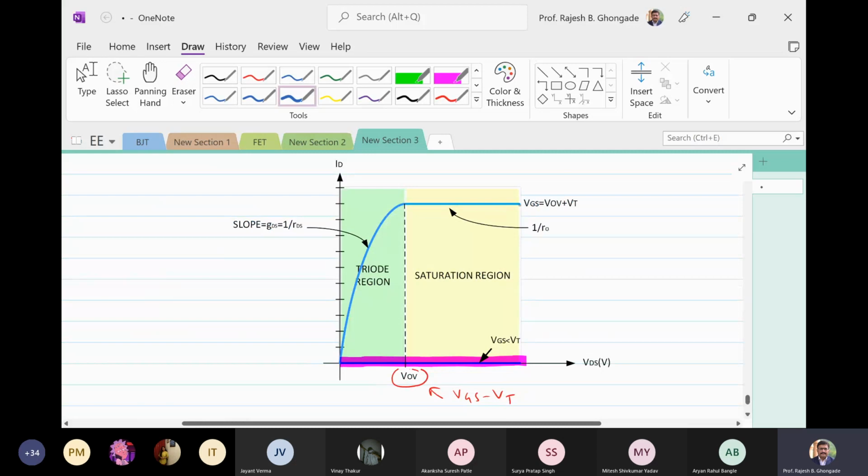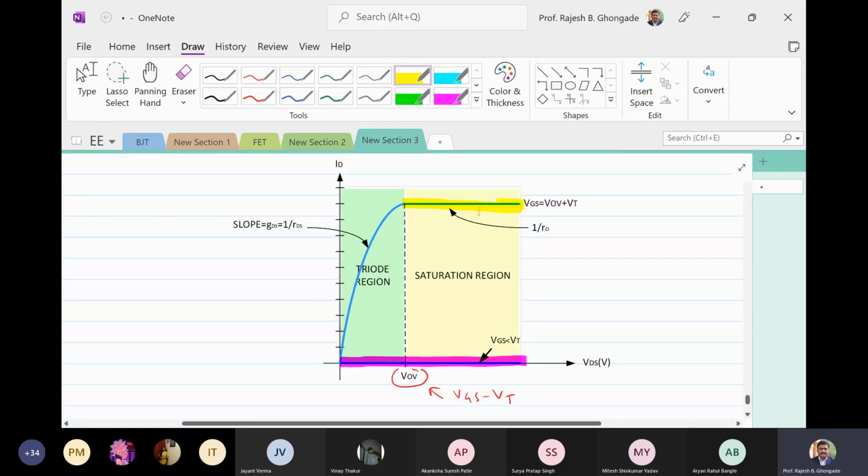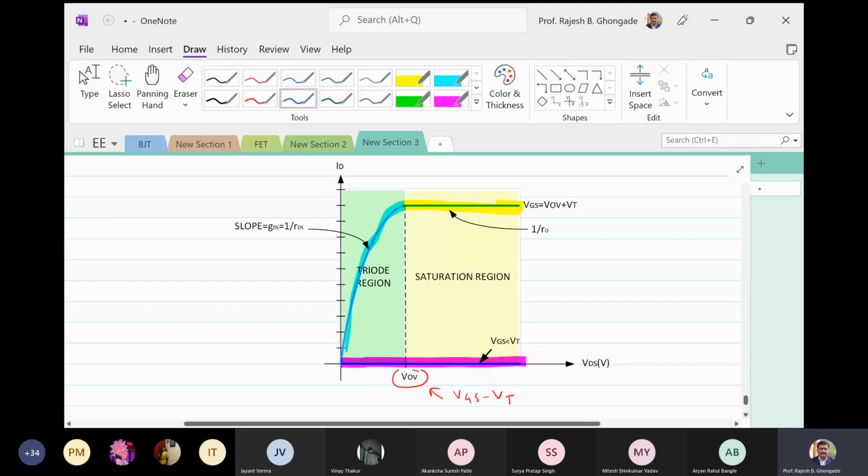Almost flat है तो infinite होगा ideally, है ना? ये रीजन देखो. ऑलमोस्ट फ्लैट है. यहाँ पे इनफाइनाइट रेजिस्टेंस हो. अगर ये रीजन की बात की जाए, तो यहाँ पे क्या है? जस्ट लाइक ओमिक रीजन इन केस ऑफ द जेफेट, है ना? तो यहाँ पे इट इज ऑलमोस्ट लीनियर, लेट अस से. So it acts as a resistor, voltage controlled resistor.